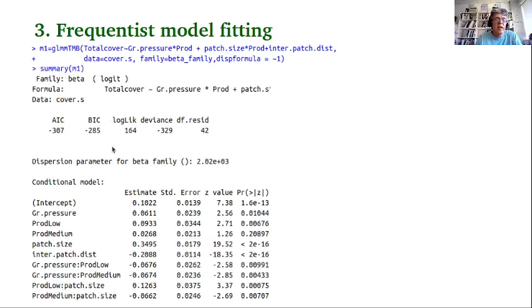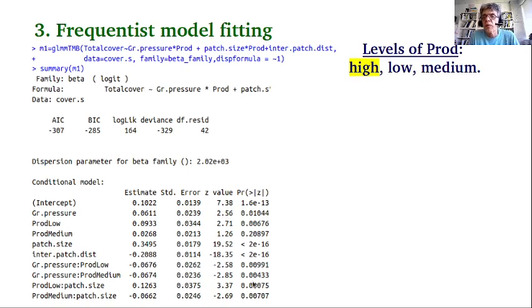I fit the model, and the model contains the following parameter estimates by maximum likelihood and with their standard errors, and this p-value simply says whether these fitted parameters are significantly different from 0. So the levels of productivity are 3, high, low, and medium, and high alphabetically was assigned as the reference level.